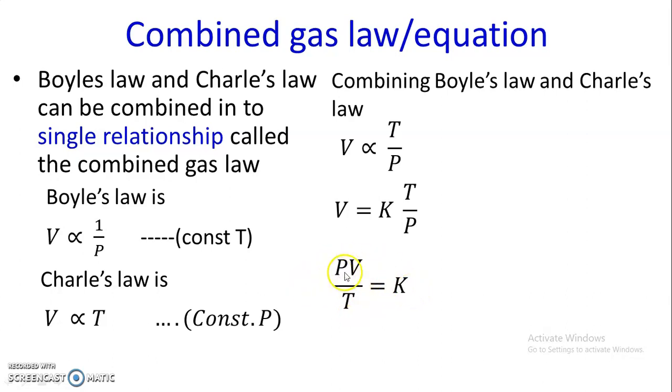P is pressure, V is volume, T is absolute temperature and K is a constant.